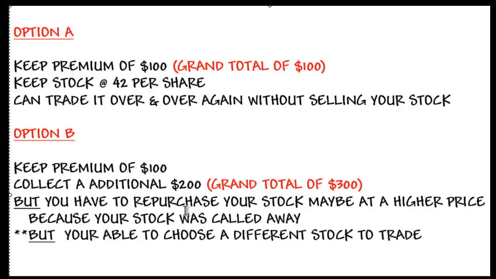I would have to repurchase the stock. So I would prefer option A over option B only because of this simple fact. Because what if I have to purchase that same stock at a higher price? Then I don't think I would care for that too much. So this is my reason for picking option A versus option B.